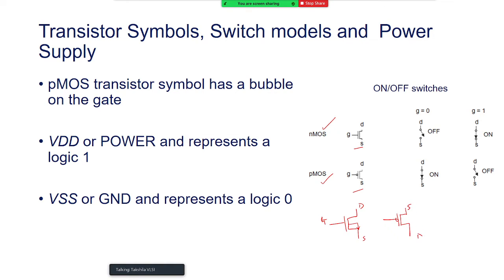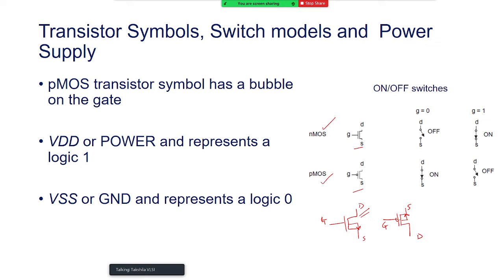Your source, your drain, and this is gate, and this is how the arrow is shown. So sometimes you see this arrow direction, it is shown like this. So this is how the symbols are sometimes shown.